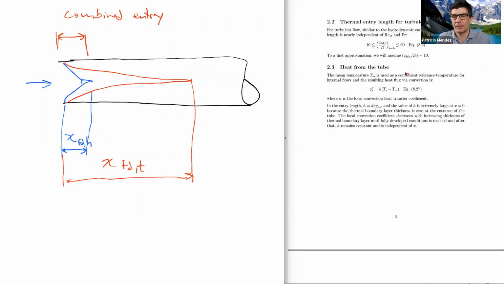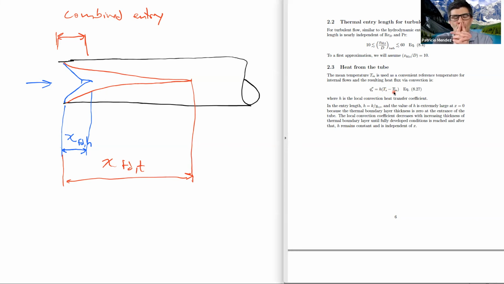So let's start by defining the convection coefficient in internal flows. And here we have this equation, that is equation 8.27 in the book. This equation looks innocent, and to some extent is innocent, but has a twist. We have heat flux through the surface, just as we have done all the time for convection, equals h times delta T, and delta T is Ts minus something.